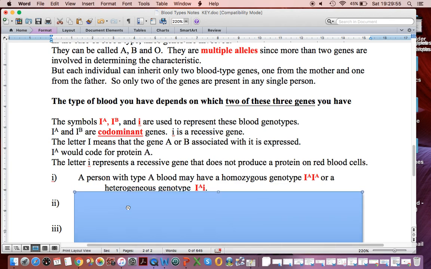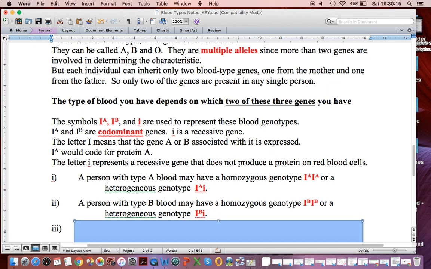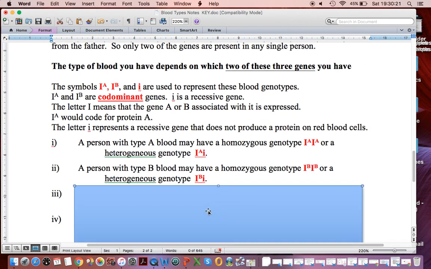Well, if you have blood type A gene, you are either homozygous dominant, two capital A's, or you have the capital A and the recessive gene, you're heterozygous. Well, if that's true for type A, type B has to be the same kind of thing. Type B is either homozygous dominant, the two B genes, remember the capital I's, or heterozygous like so.